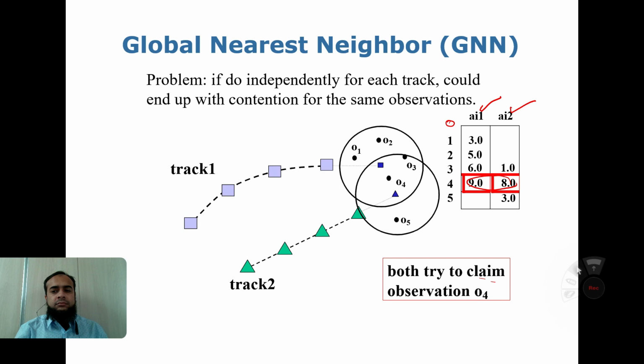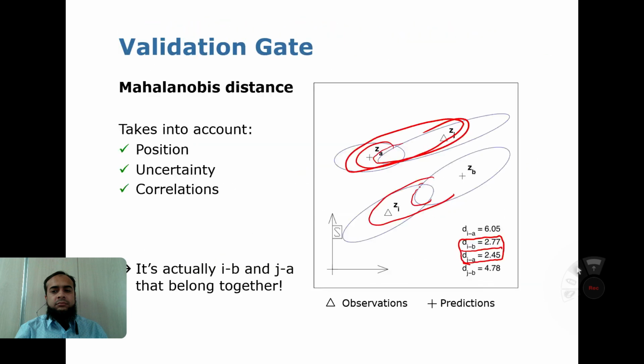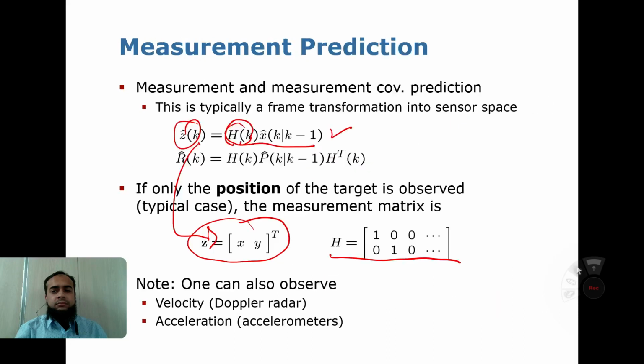So these are some difficulties in data association. In the next class we will see other problems like false alarms and target detection.